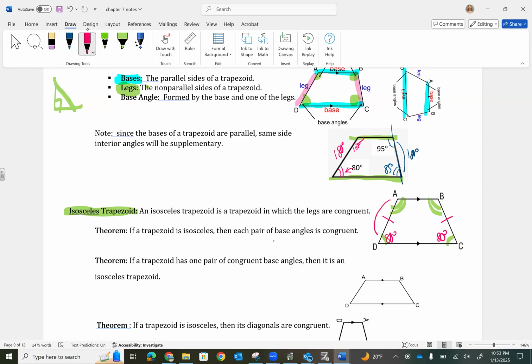Well, these two still are going to be supplementary. That would be 100, and that would also be 100 degrees. Okay, so isosceles trapezoids are kind of cute in terms of the base angles across from each other being congruent, and then again, same side interior will be supplementary. Okay, moving forward.